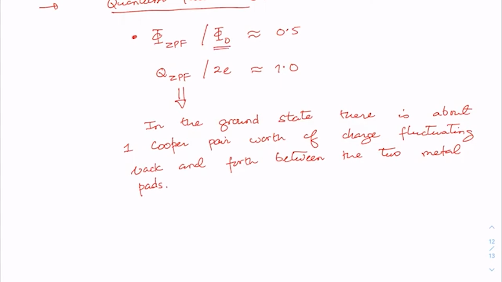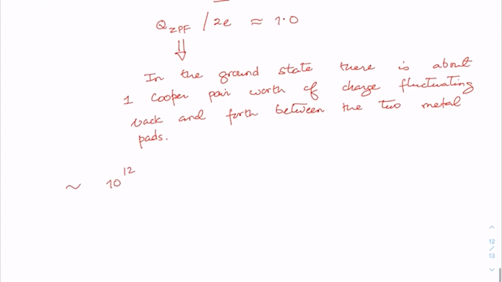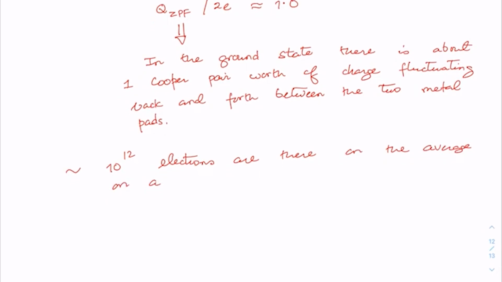Now typically, on the average, there are about 10 to the power 12 electrons on each metal pad, or metallic island; in fact here it is a superconducting island.